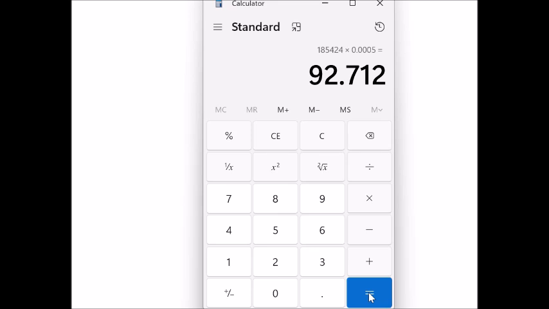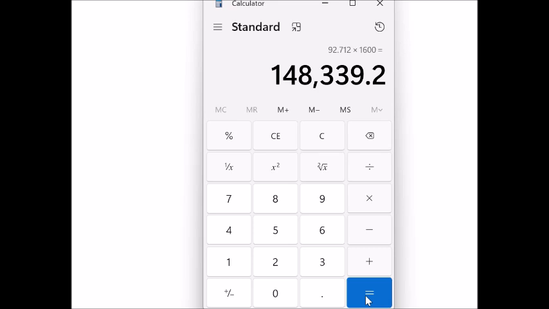If they are going to list for 0.0005, what she is going to get with 185,424 is $92.712. Now let's convert this to naira. Multiply it by 1,600 again. So this is the naira value of what you should expect, 148,339 naira, at 0.0005.